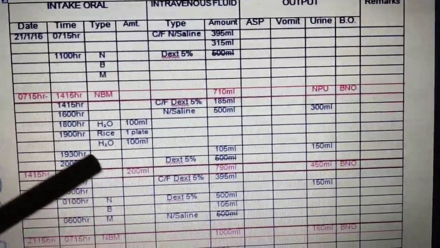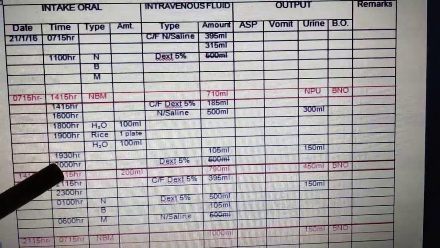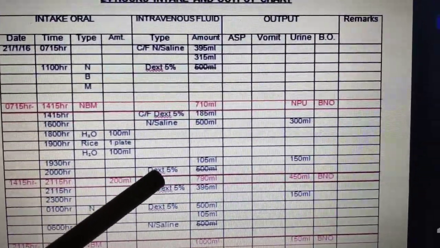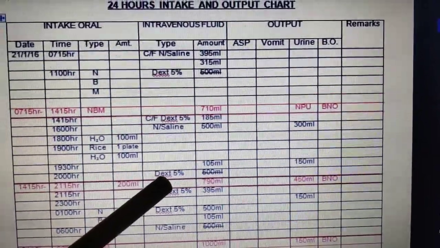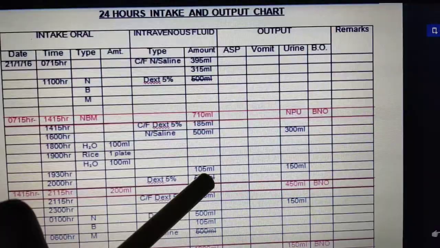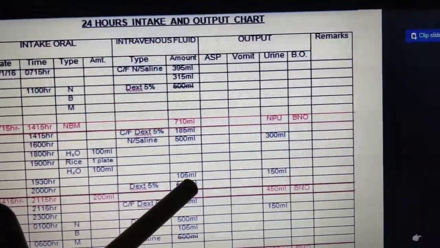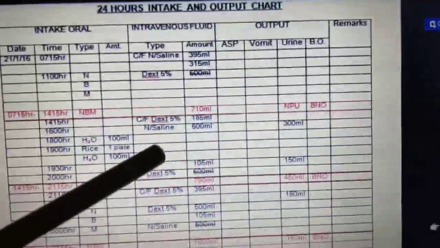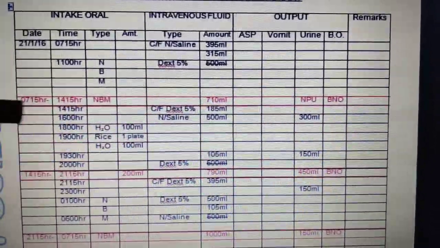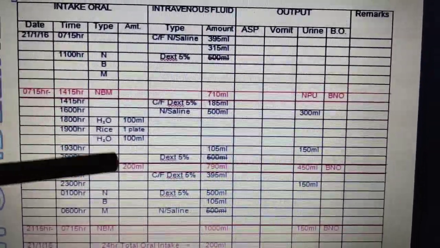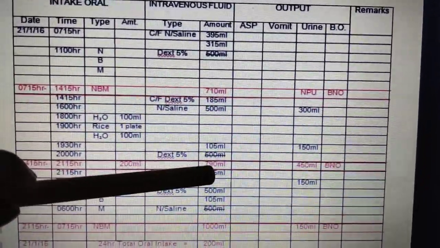Then again at night 8 o'clock, the nurse introduced the dextrose 5%, that is 105 ml. The patient passes urine 150 ml at that time. Clear.